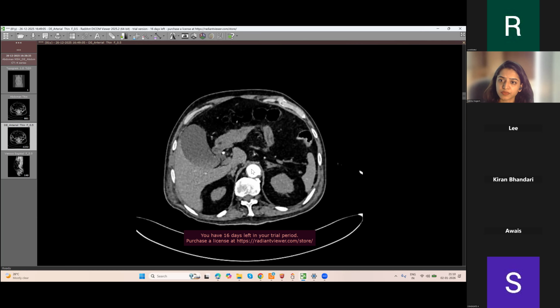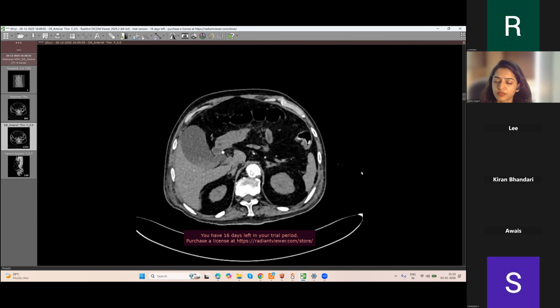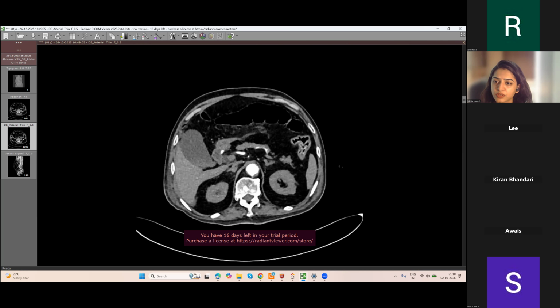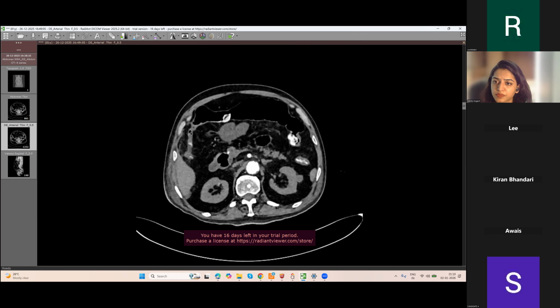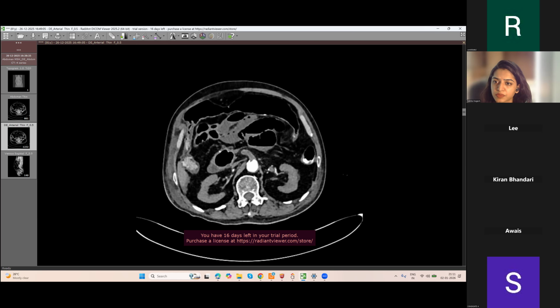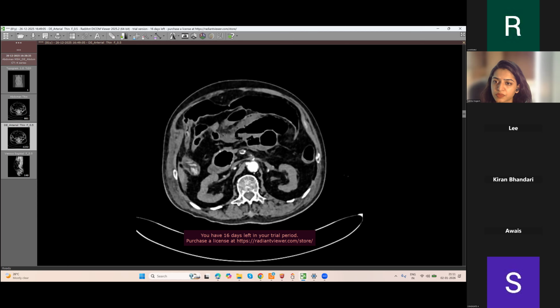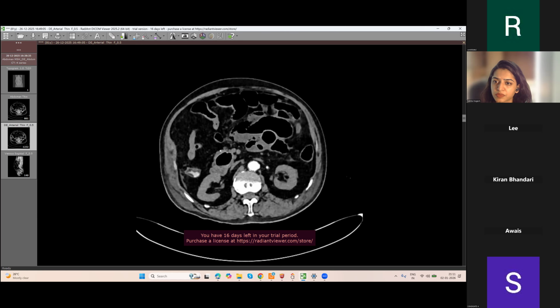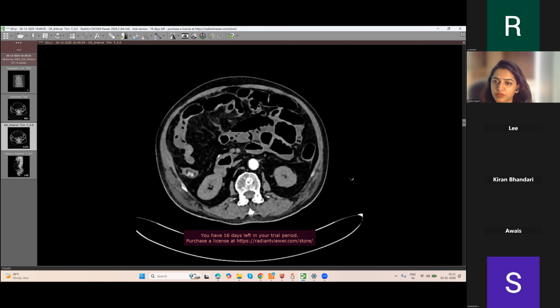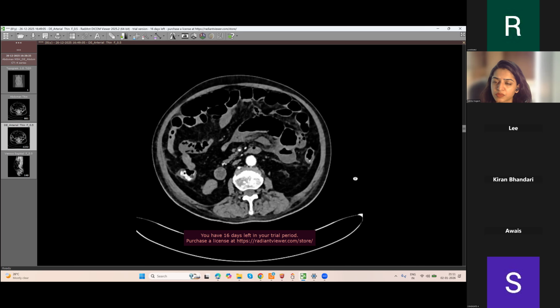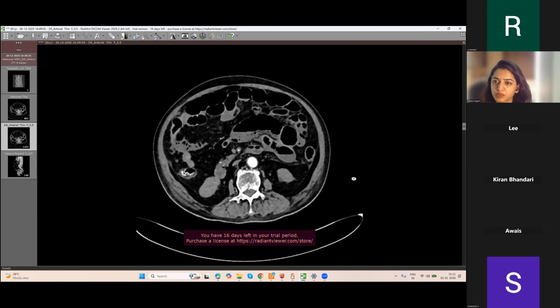I am scrolling, but I think there's a lag. Can you please scroll for me, if possible? I want to see the mesenteric artery. Yes, I can see that there are atherosclerotic changes within the mesenteric artery with a filling defect within it.